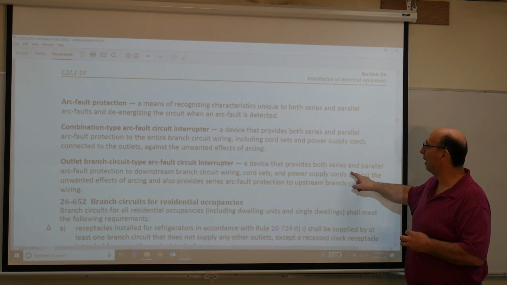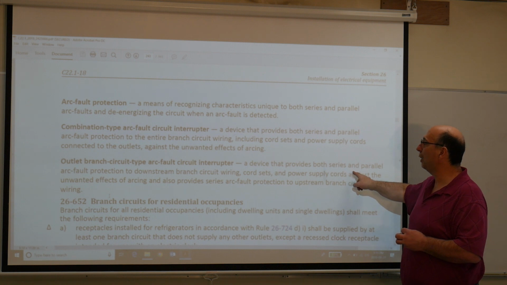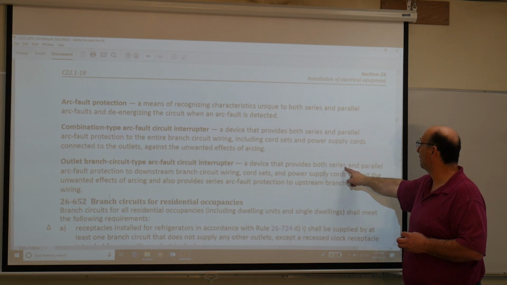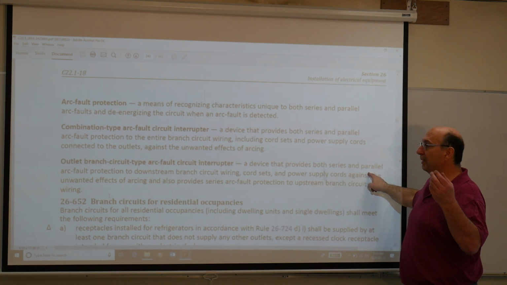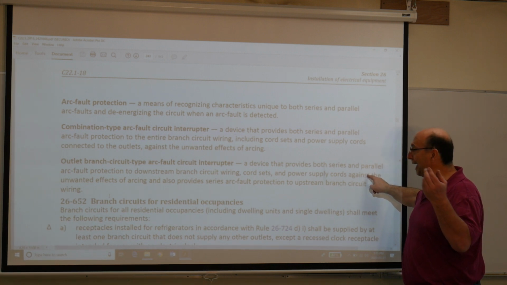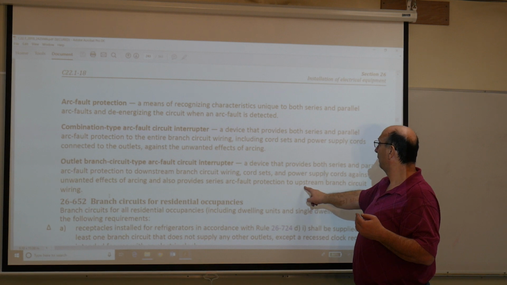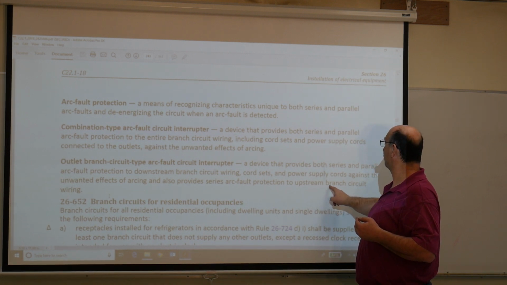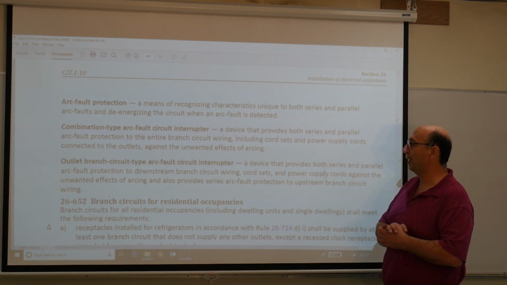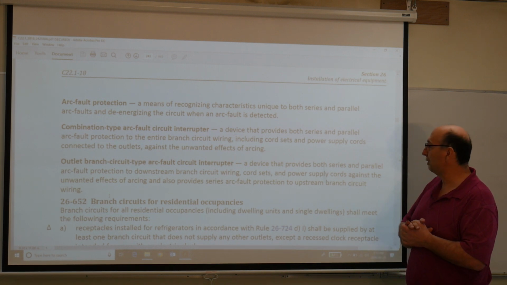So be very careful. The outlet branch circuit provides both series and parallel from that point where it's installed downstream, but it only provides series arc fault protection upstream of the branch circuit wiring. So be very careful on its use.